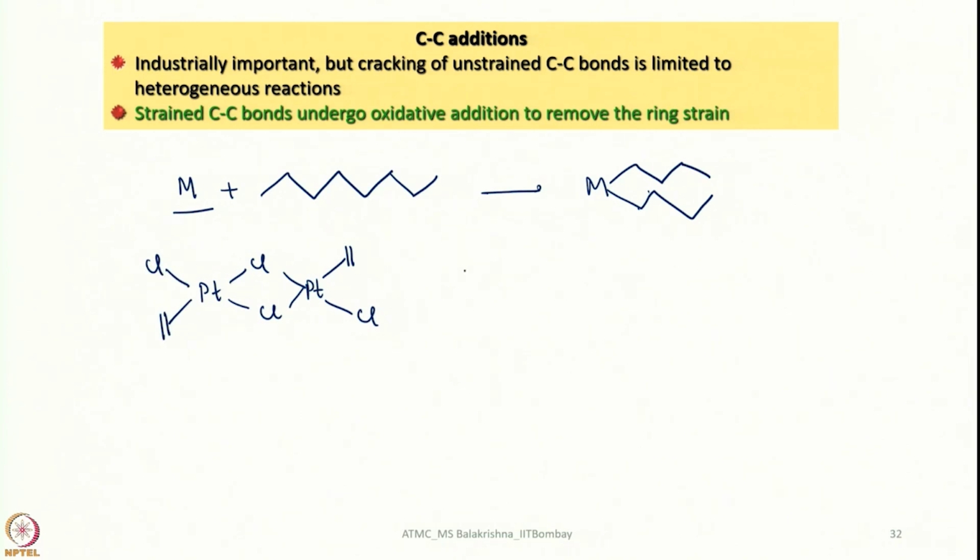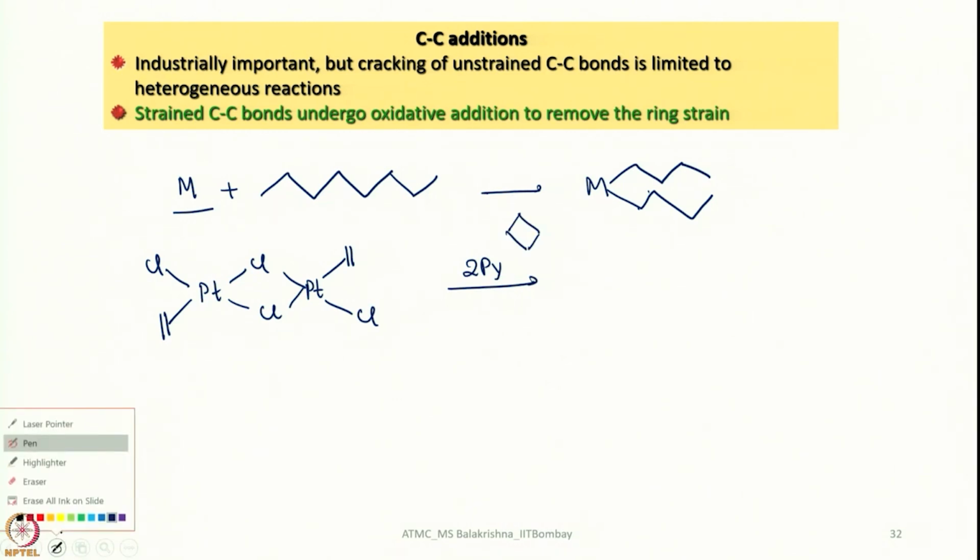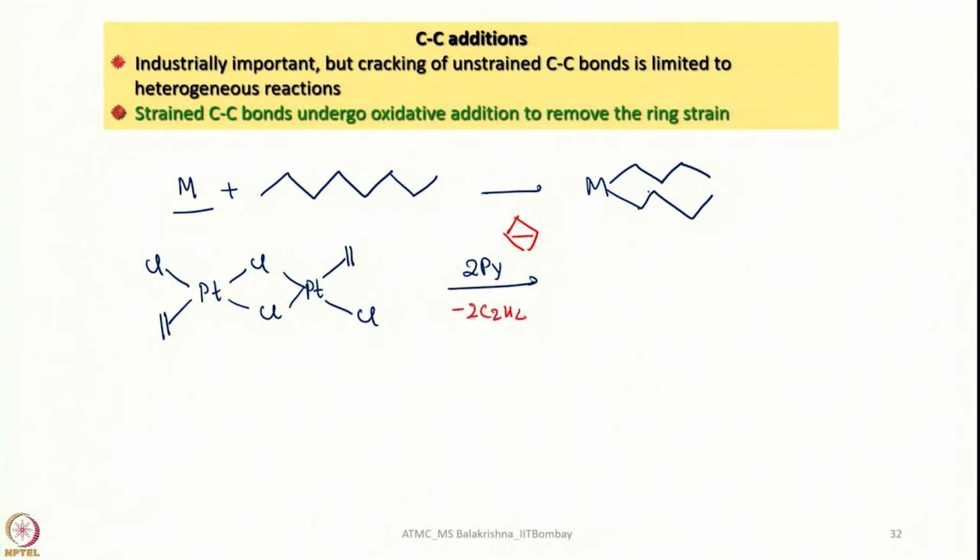So take this metal complex, in presence of at least 2 equivalents of pyridine, and then this molecule here. This is an example of a strained ring adding onto the metal through oxidative addition.